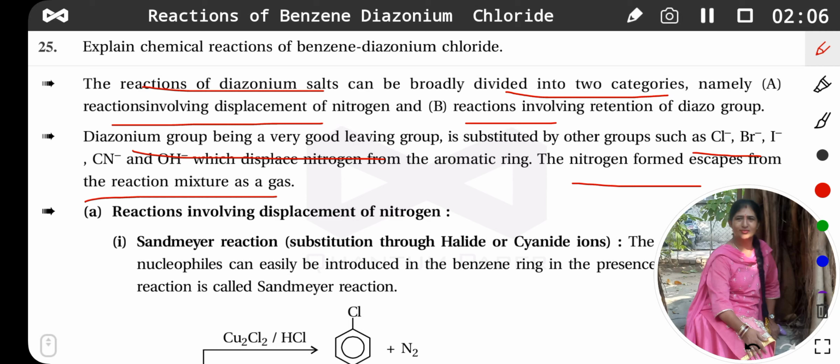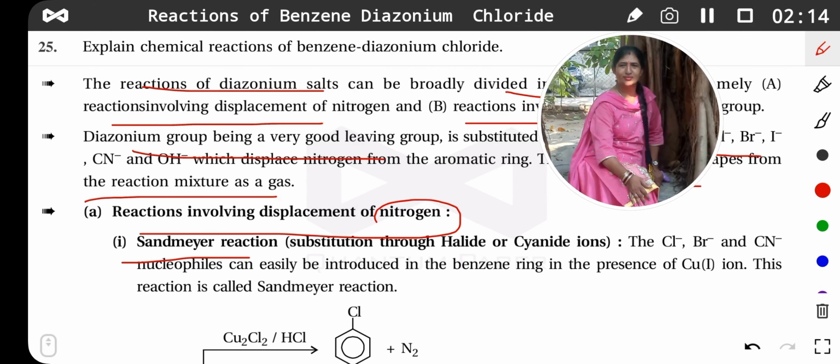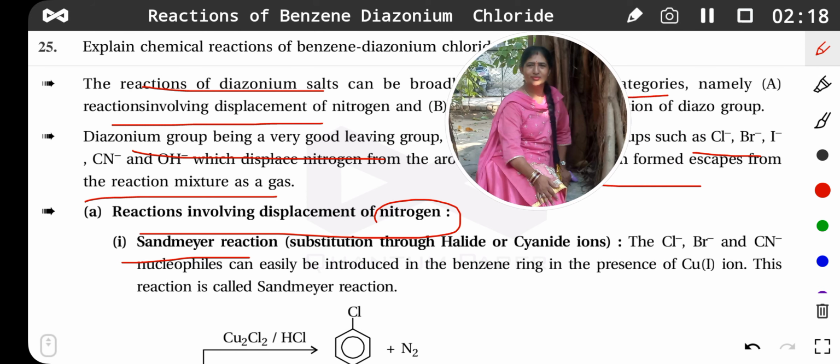So the first case, the reaction involving displacement of nitrogen, is known as the Sandmeyer reaction. It is a substitution through halide or cyanide ions. It can be chlorine, bromine, or it can be cyano.